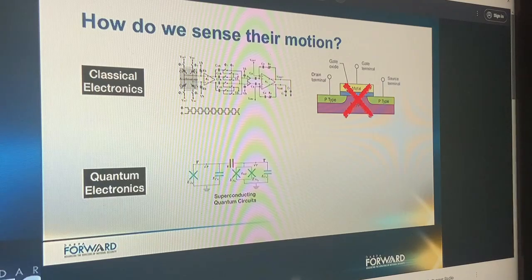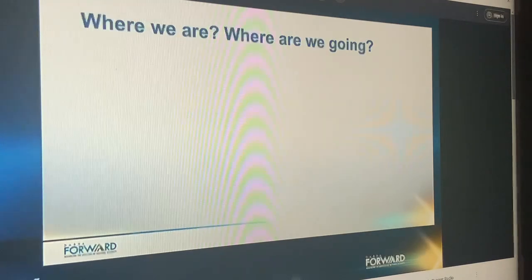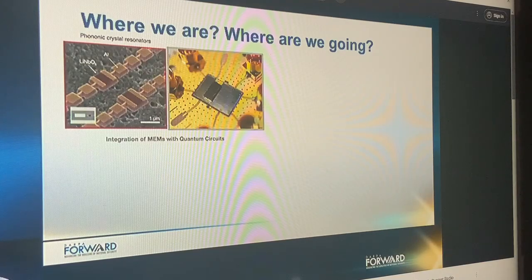So luckily, there's been a huge effort trying to develop quantum computers, and these microwave circuits use Josephson junctions instead of transistors, and there's a number of companies now building these things and scaling them up, and these are the types of electronic systems that we'll have to use for the readout. So where are we? We've been able to integrate these sensors with qubits, with these superconducting quantum machines.